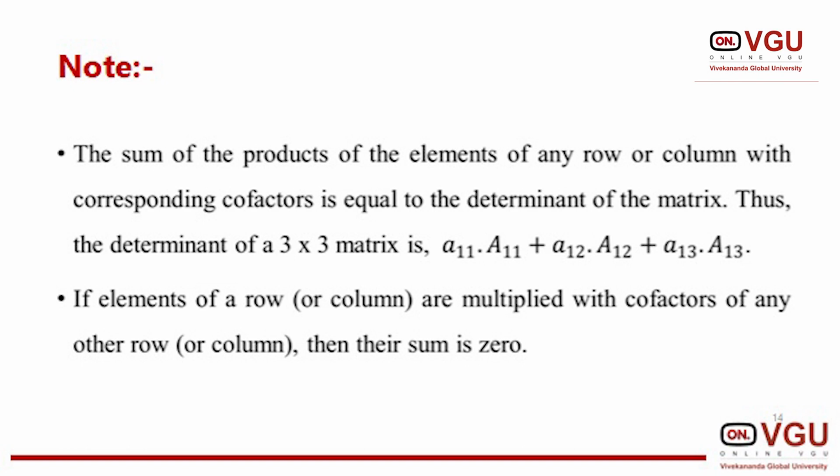So the determinant of a 3 cross 3 matrix is the first element A11 times its cofactor, plus A12 times the cofactor of A12, plus A13 times the cofactor of A13. If elements of a row or column are multiplied with the cofactors of any other row, the sum will be 0.